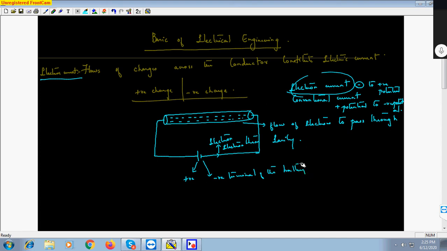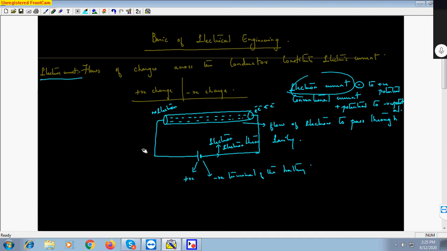What happens here is, we will stick to electron current now in order to learn. This is negative, and negative means that is also electron. Electrons flow from this direction and come here and sit here. So there are no electrons in this part of the conductor.